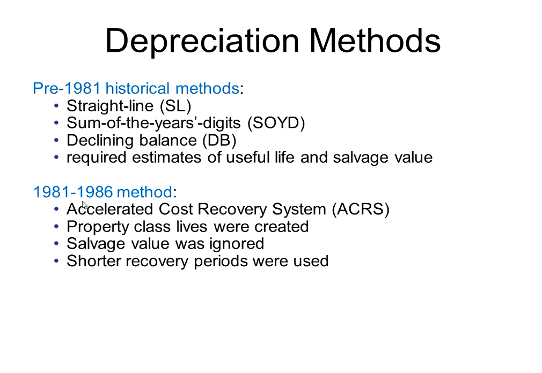Between 81 and 86, the method used was the Accelerated Cost Recovery System or ACRS, and what changed from the previous methods is that now the property class lives were defined. Different types of properties were given a specific number of years as their useful lives, and the salvage value was ignored or assumed to be zero, and shorter recovery periods were used.